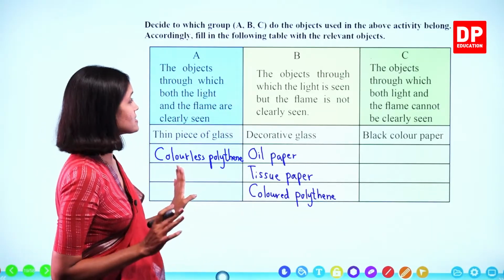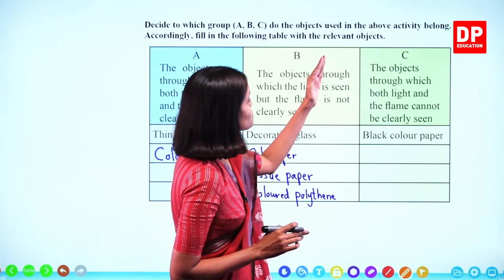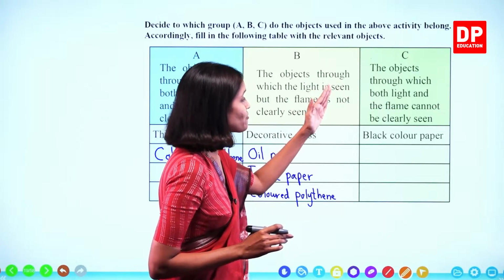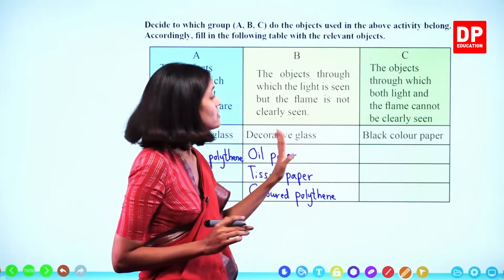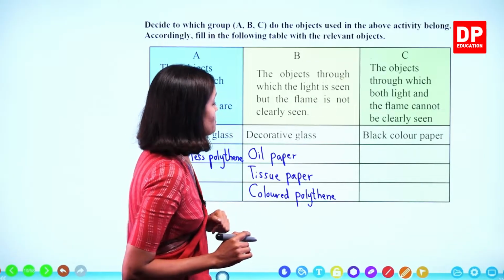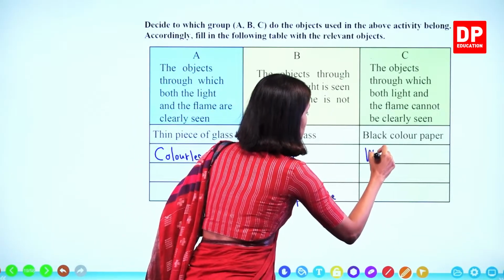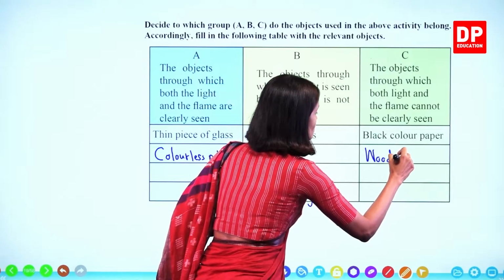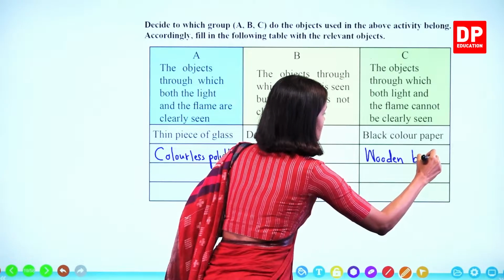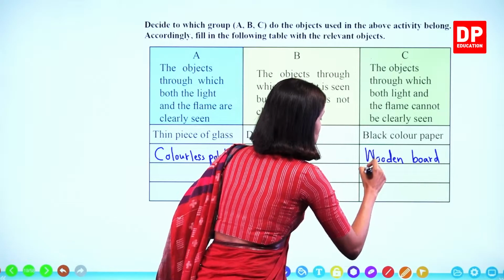Okay, those are the examples. See, the objects through which both light and the flame cannot be clearly seen. Examples given: black color paper, then wooden board, metal sheet.